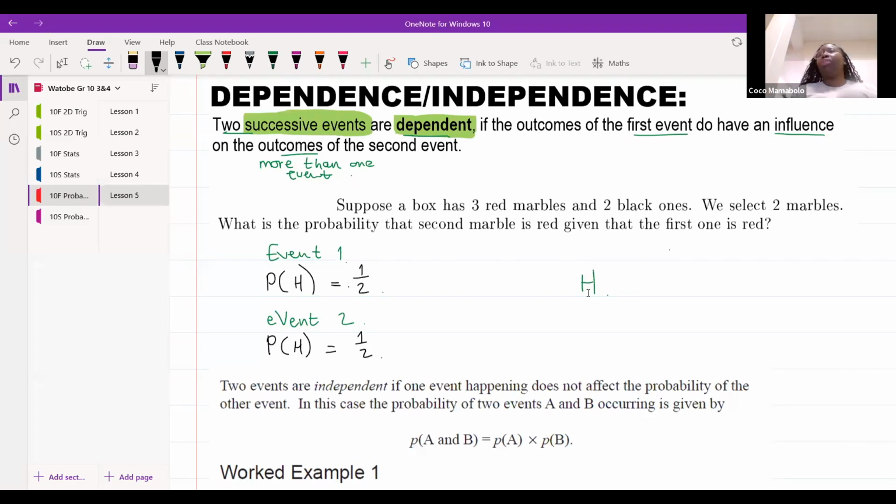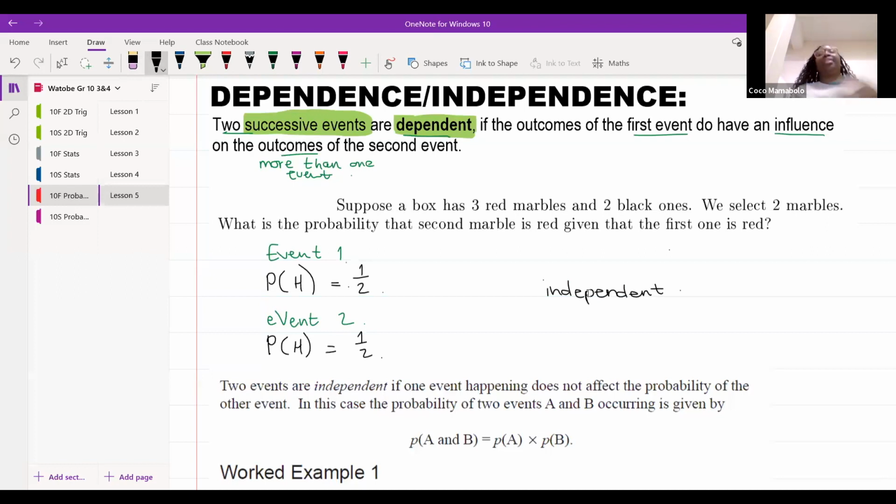No, they didn't. So my question here: are these two events dependent or independent? Correct. They are independent because it doesn't matter what happened before. The probability of it happening again is still the same. Beautiful.